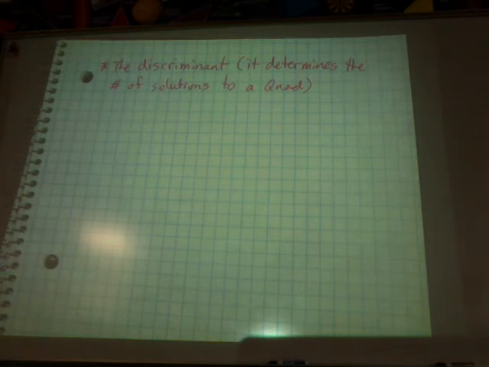The discriminant, it determines the number of solutions to a quadratic is a full sentence. Okay, but I wrote it this way, which is why I put the parentheses in. When you become the teacher, you can write it how you want.